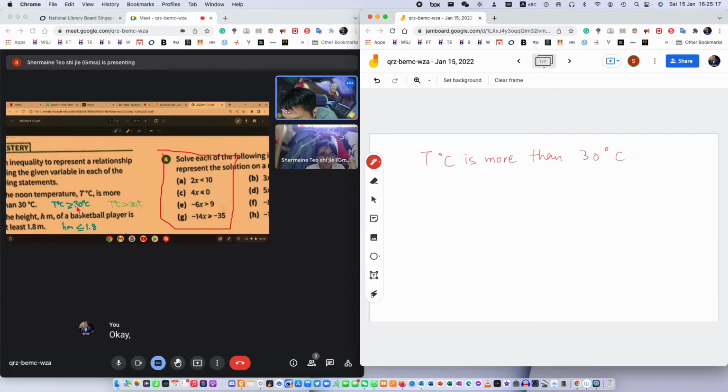Okay, so if the answer is bigger and equal to 30 degrees, how will the English statement be like? So how can you fit your answer to the statement?